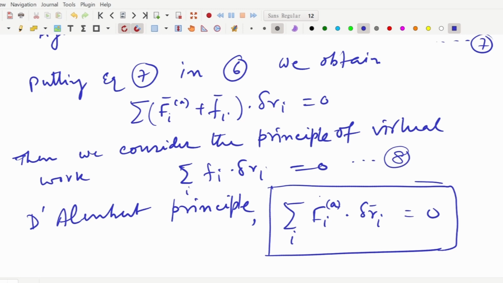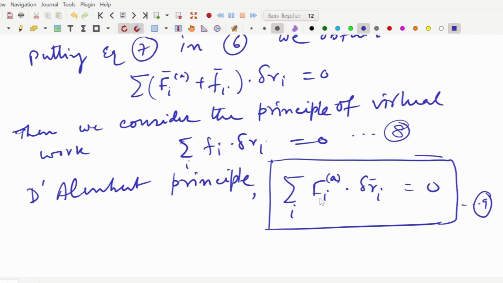Let us denote this equation by equation 9. I'll stop here today, and we'll continue with D'Alembert's principle. These notes are important, and I will refer to this equation number in my next lecture, so please remember this equation.